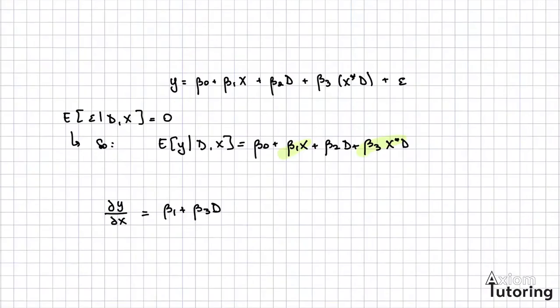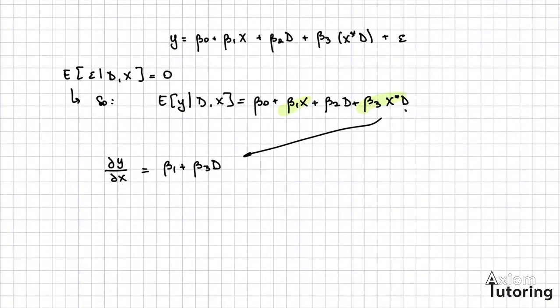Now, keep in mind the d is treated as a constant, just like we did with the z in the general formula that we saw at the beginning of this mini arc for the interaction term. So the interaction term here, x times d, differentiates to simply beta 3 d.